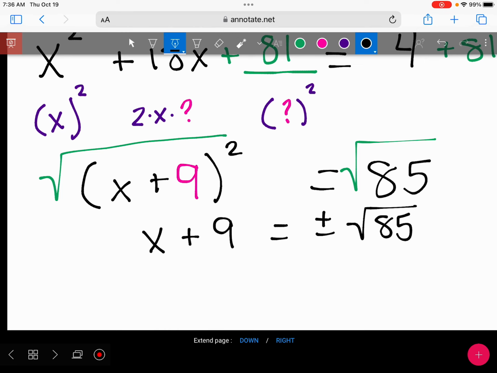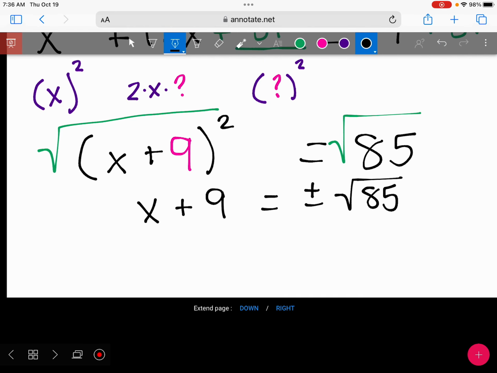Is square root of 85 one we know off the top of our head? Nope, so we're going to leave it right there for now. We've got to get x by itself. Subtract 9. x equals negative 9 plus or minus square root of 85.